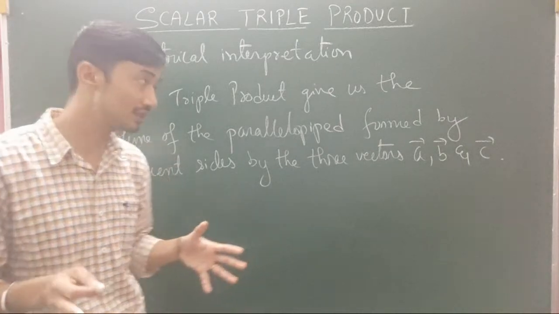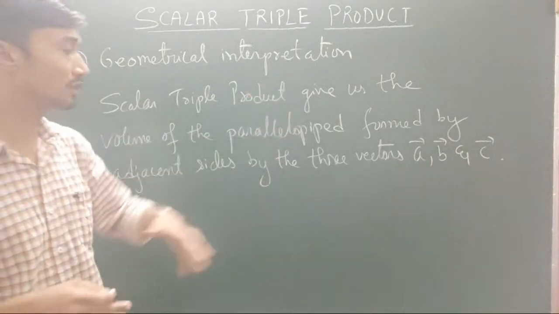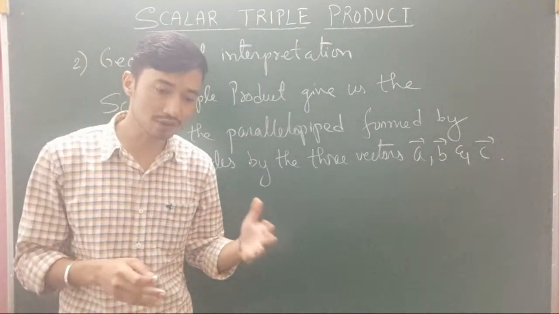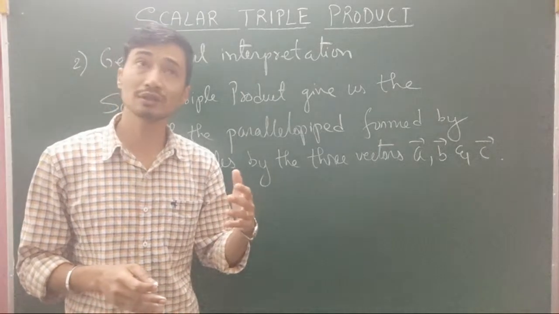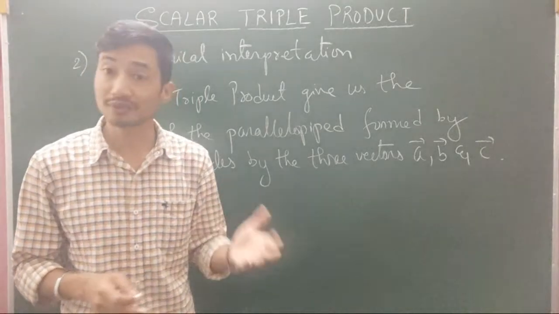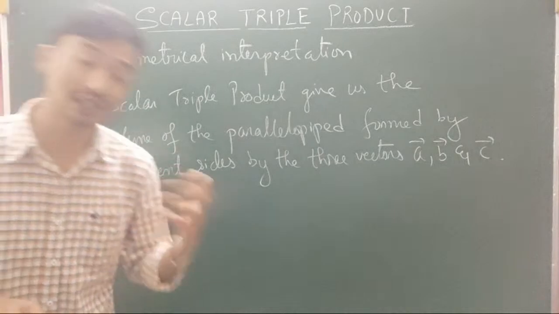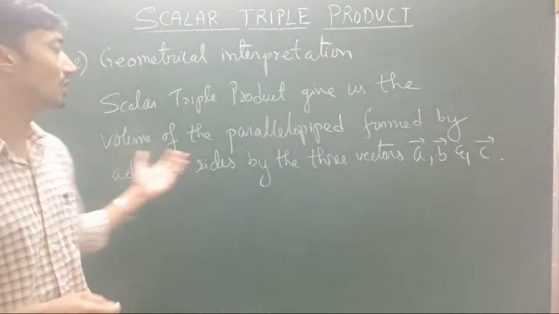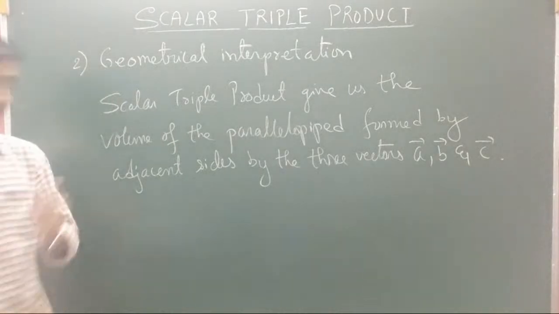All right, that can be considered as a parallelepiped. We have seen that the vector cross product tells us how to find the area of a parallelogram, area of triangles, area of quadrilaterals. Now the scalar triple product will give us how to find the volume of a parallelepiped. So this is its geometrical interpretation.